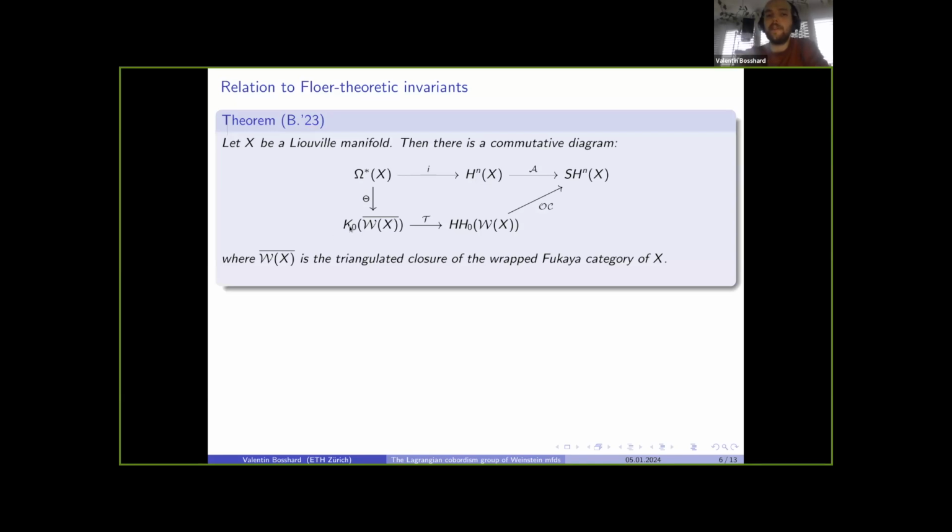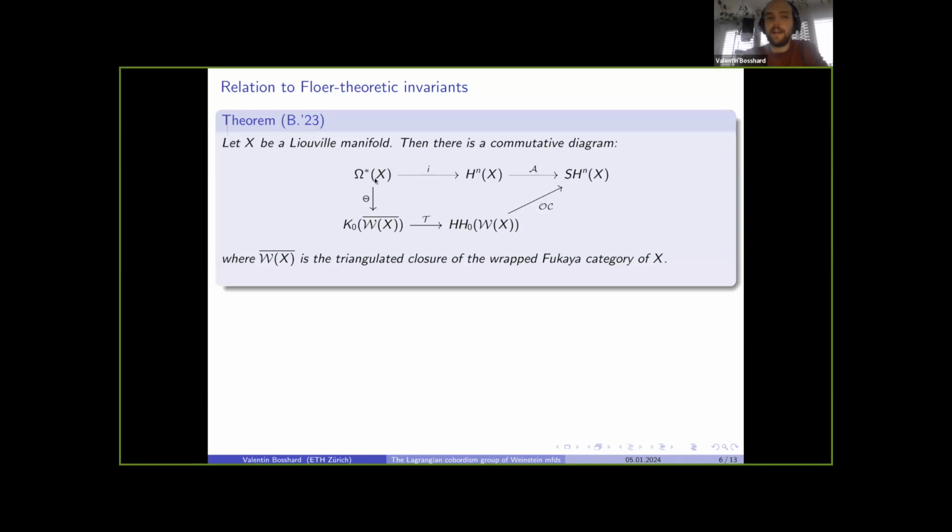So some exact triangles in the wrapped Fukaya category are recovered by Lagrangian cobordisms. And this map here measures how many exact triangles in the wrapped Fukaya category are recovered by Lagrangian cobordisms.